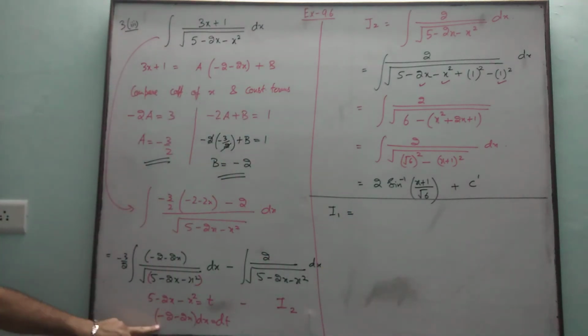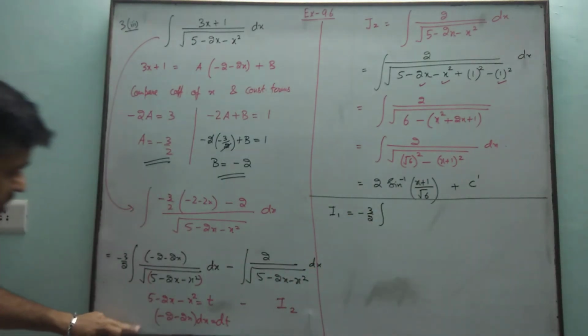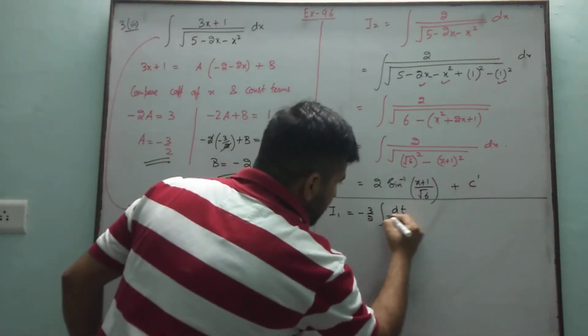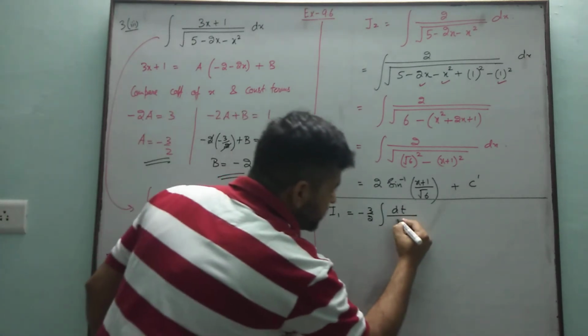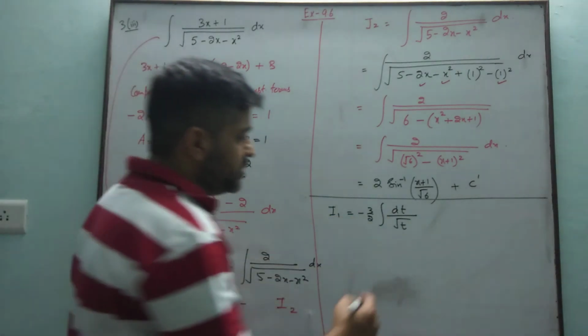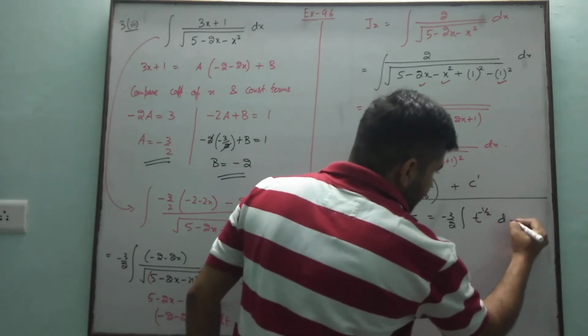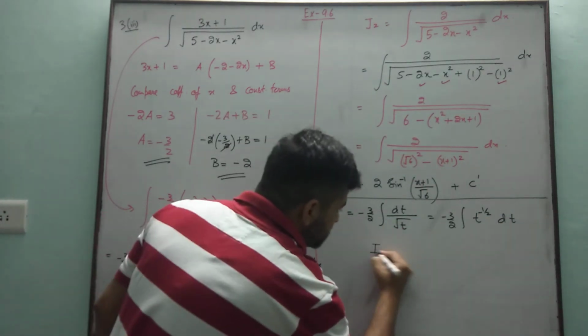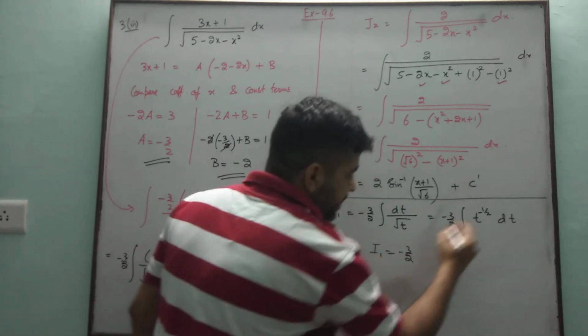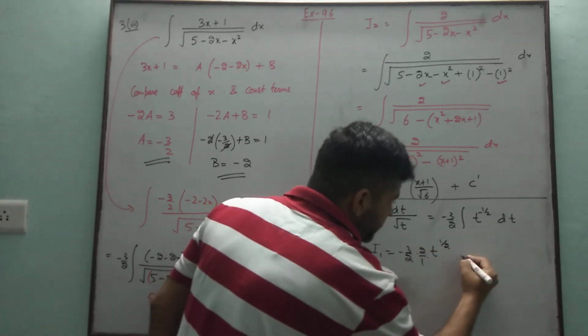For the I1 part we are doing, put this equal to t, this will be dt, then your I1 part will be minus 3 by 2 integration of dt upon under root t. You can write it as t to the power minus 1 by 2, and its integral is t to the power 1 by 2 upon 1 by 2, that is 2 by 1, plus c.